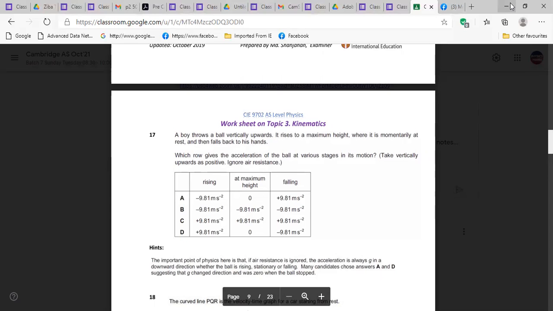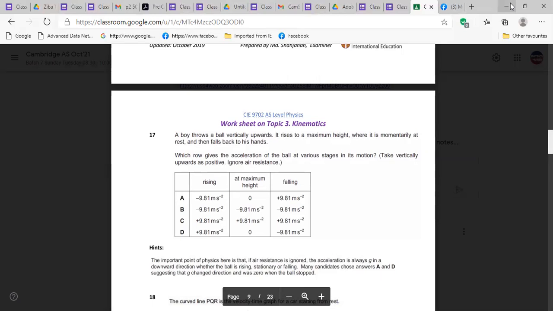And what is the proof it does not change? Because after reaching the maximum height, the ball returns back due to gravity, isn't it? Yes, sir. So this question has a deeper concept.